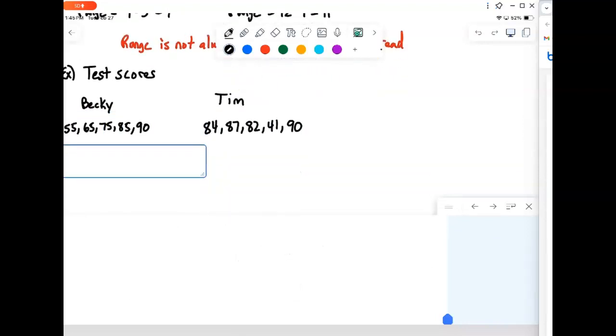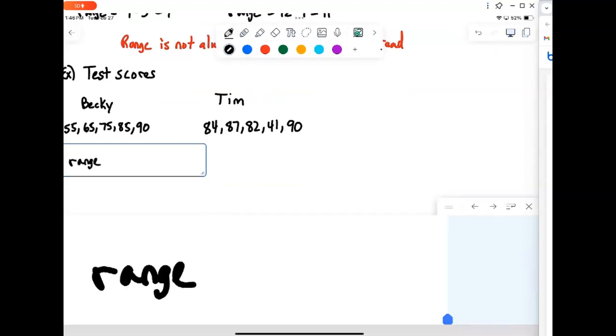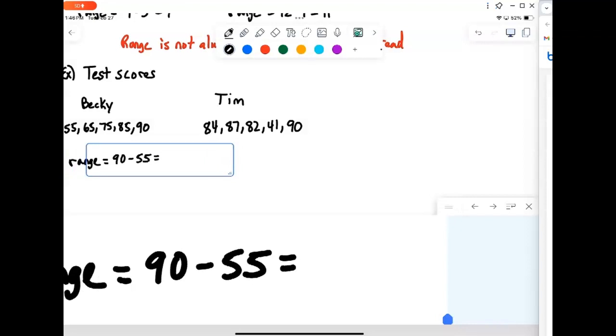Yet if we look at the range, Becky would have 90 minus 55, giving her a range of 35.